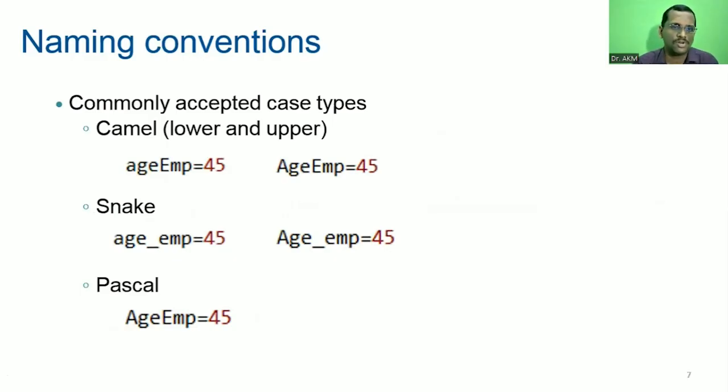Some naming conventions. Commonly accepted case types are lowercase and uppercase letters. For example, ageEMP is equal to 45. The variable name is ageEMP, with a small, and capital E, M, P. Here also ageEMP equal to 45, but uppercase and lowercase letters are mixed.